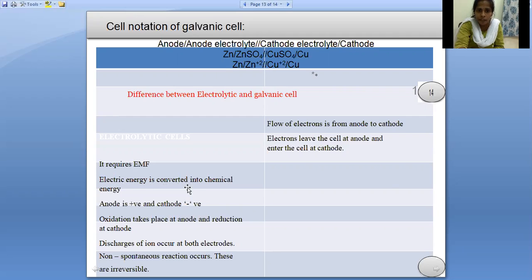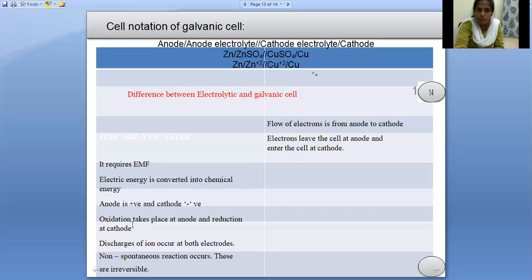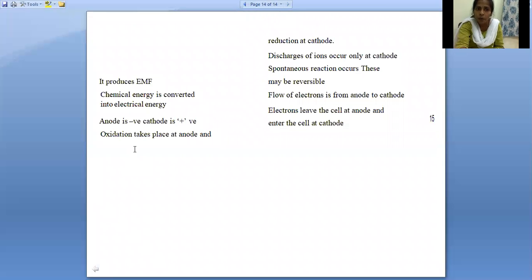Electrical energy is converted to chemical energy in the electrolytic cell. But here chemical energy converts to electrical energy. There, the anode is positive and the cathode is negative. But here the anode is negative and the cathode is positive.